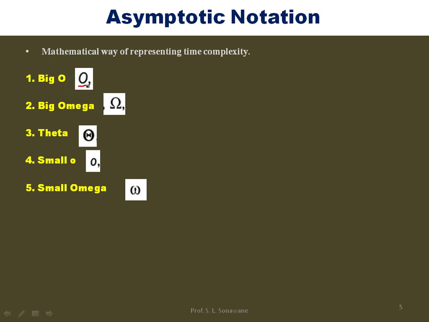The second notation is big omega, represented like this. The third notation is theta. The next notation is small o and the last notation is small omega. These are the 5 notations used to represent the time complexity. First of all, we will see about big O.